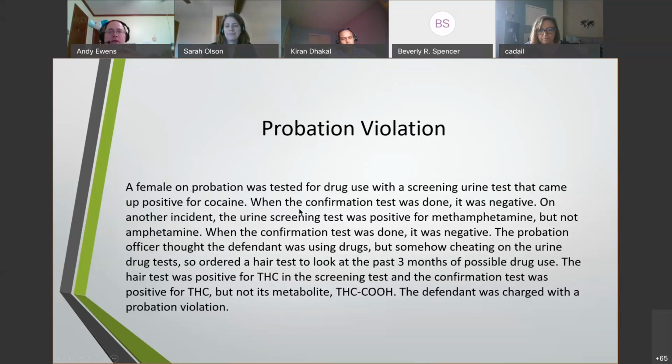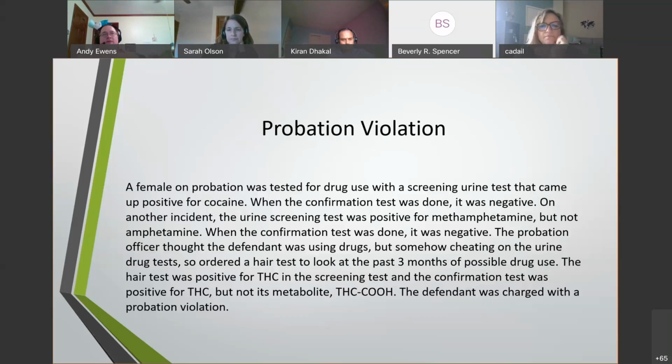A female was on probation, tested for drug use with a screening urine test that came up positive for cocaine. A confirmation test was done and it was found to be negative for cocaine. On another incident, the urine screen was shown to be positive for methamphetamine, but not amphetamine. When the confirmation was done, it was found to be negative.